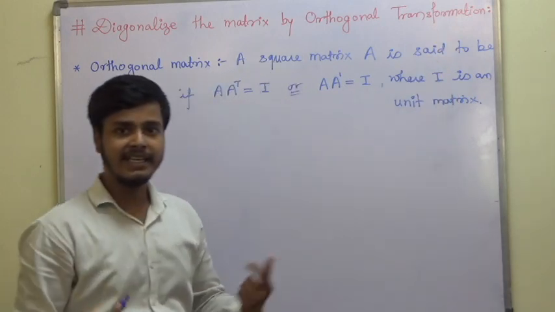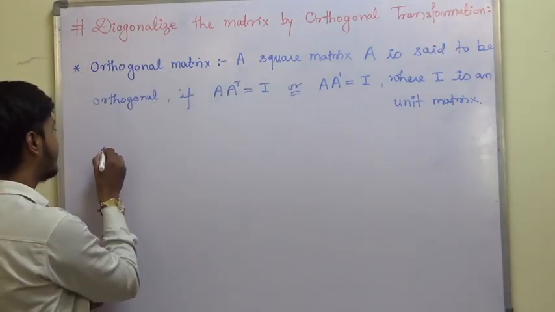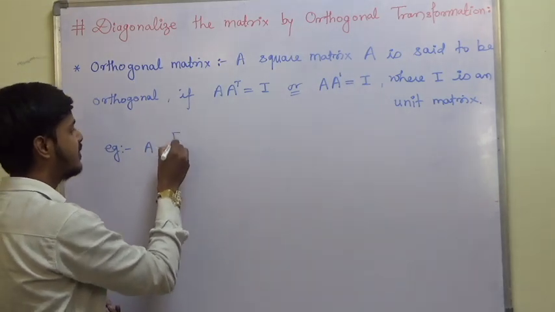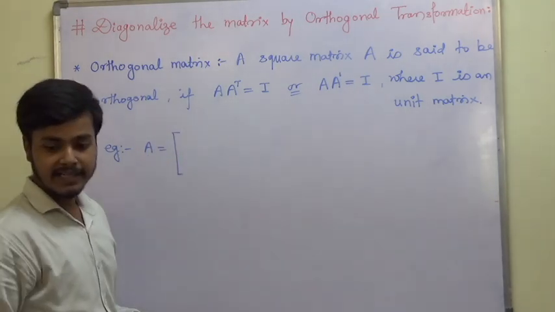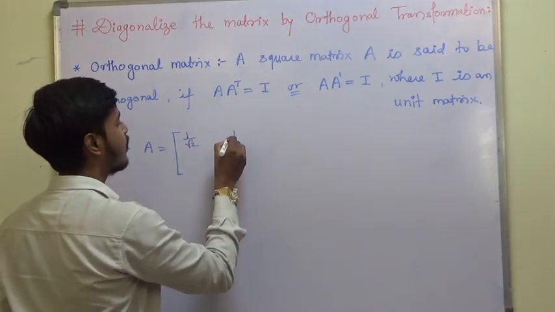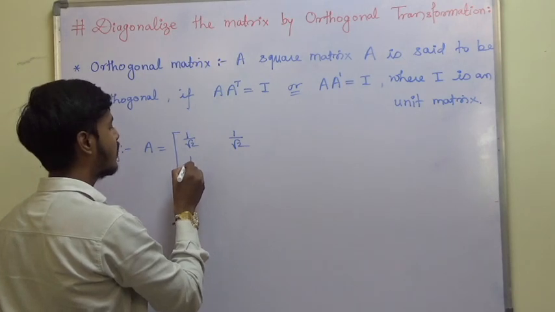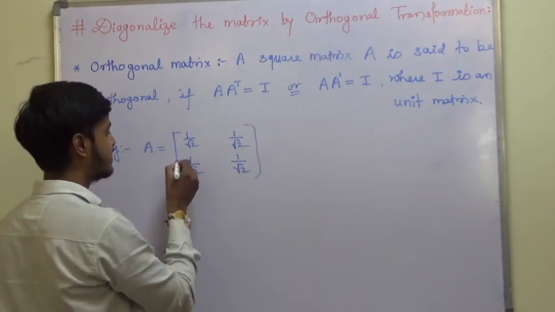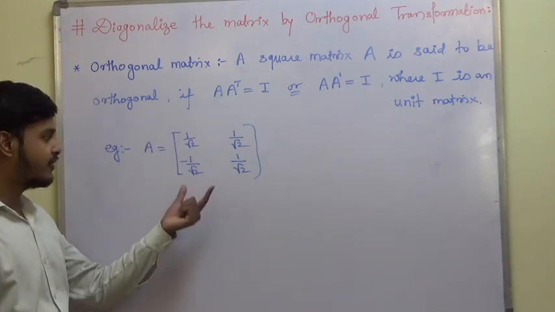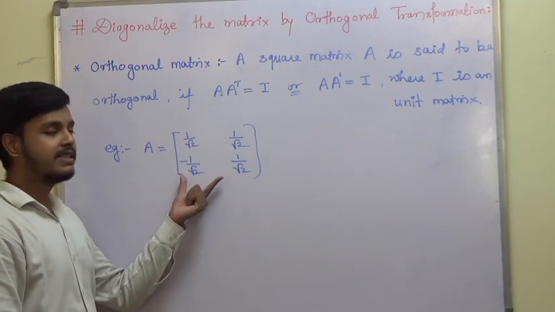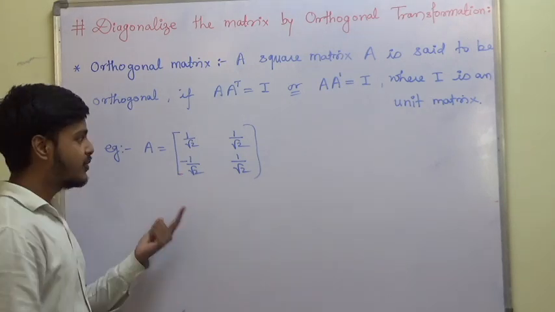Now let us take an example of it. For example, let matrix A be equal to 1 by root 2, 1 by root 2, 1 by root 2 and 1 by root 2, and say this one is to be minus. If you want to see whether this matrix is orthogonal or not, you can actually verify.